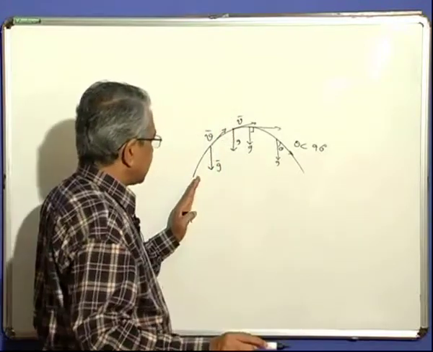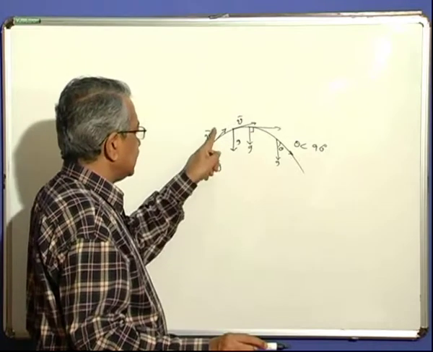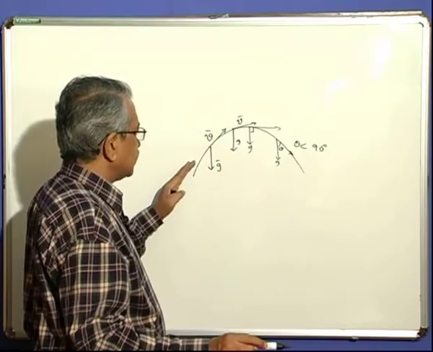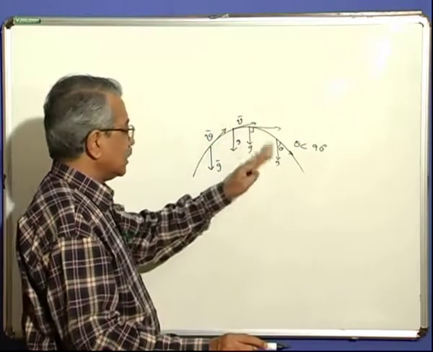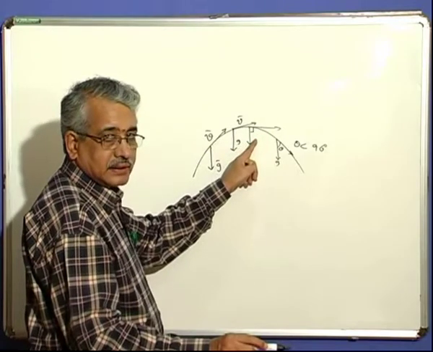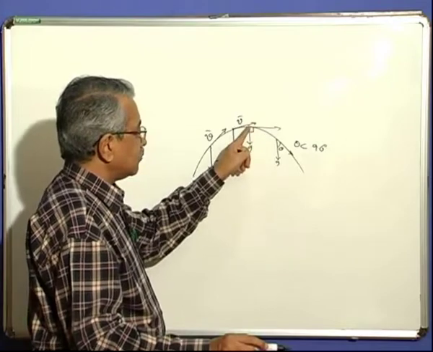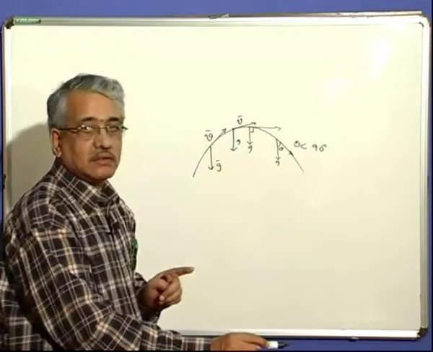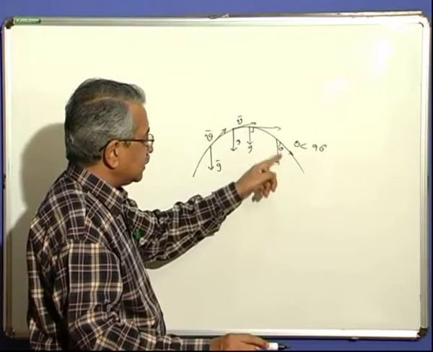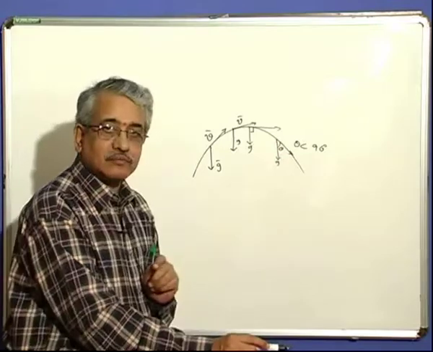So when the angle between acceleration and velocity is obtuse, the velocity goes on decreasing. At 90 degrees, the velocity is horizontal and the acceleration is vertical. Further, when the angle becomes smaller, the speed again goes on increasing.